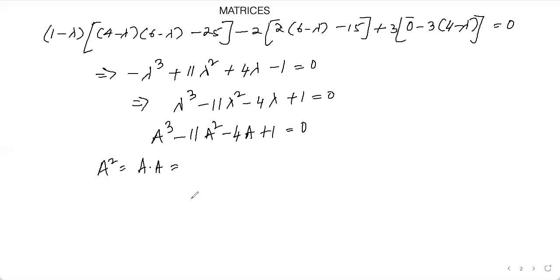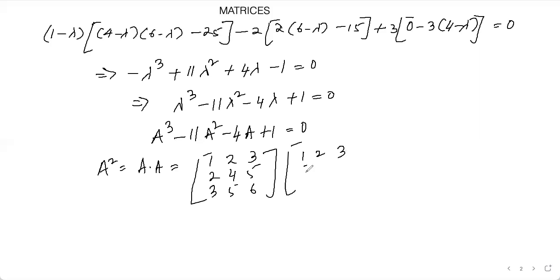So that is 1, 2, 3, 2, 4, 5, 3, 5, 6 multiplied by 1, 2, 3, 2, 4, 5, 3, 5, 6. Now let us multiply.